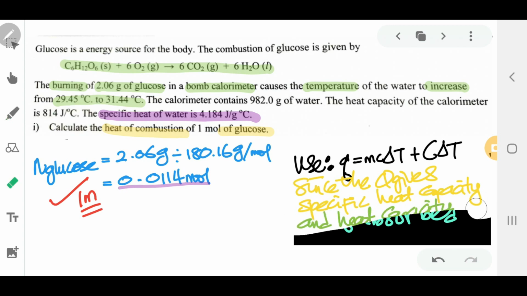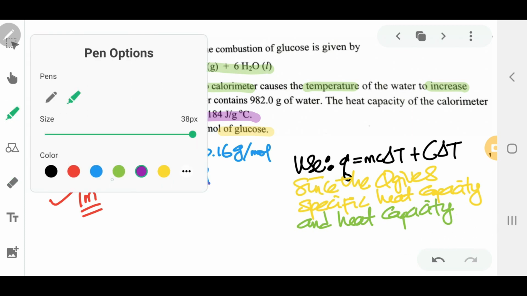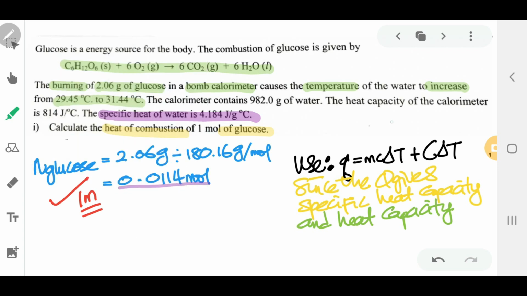Also, the question gives you the information about heat capacity, which is right over here, 814 joules per degree Celsius. You have 2 clues on why we need to use Q equals mc delta T plus big C delta T.